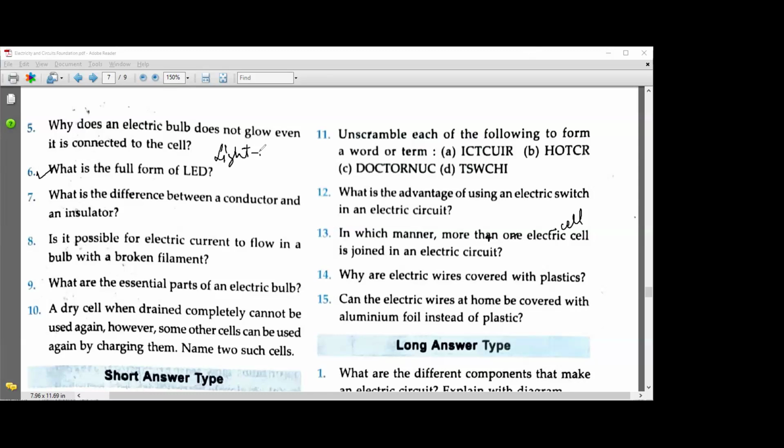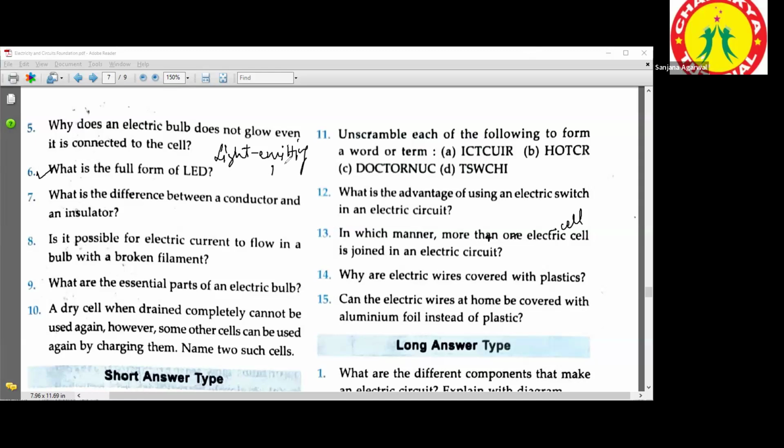Okay. Light emitting diode. Like there is a diode kind of thing, a special electronic device, okay, which gives off light when electric current passes through it.